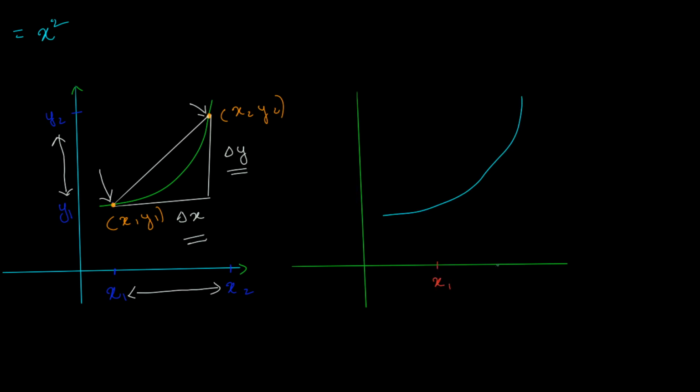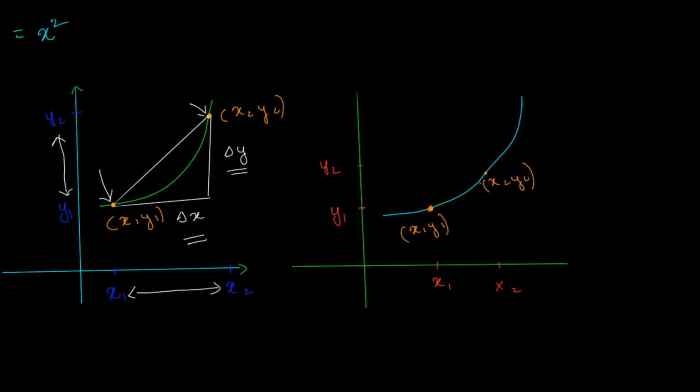So let this be my x1, let this be my x2, and then corresponding values of y. So let this be the y1, and then somewhere there will be my y2. And if I now join these 2 points, somewhere here is my x1 y1 now, because I'm choosing different values of x1, and this right here is x2 comma y2.